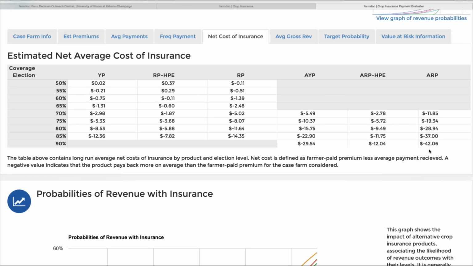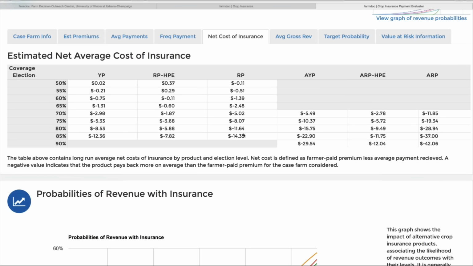It also has higher premiums, but overall, the payments from this product are expected to be higher than RP. Because of these expected payments being negative is another reason why we suggest taking high coverage levels, because over time these products will tend to pay more out than they pay in.